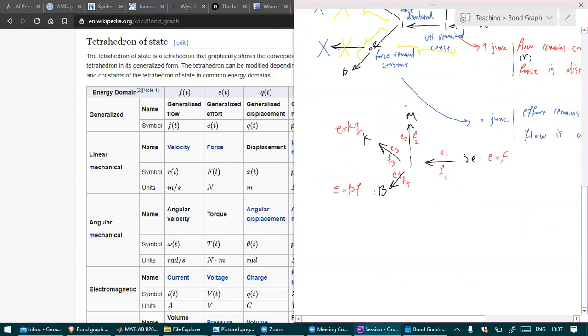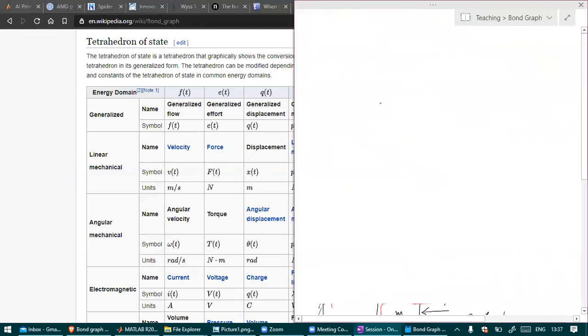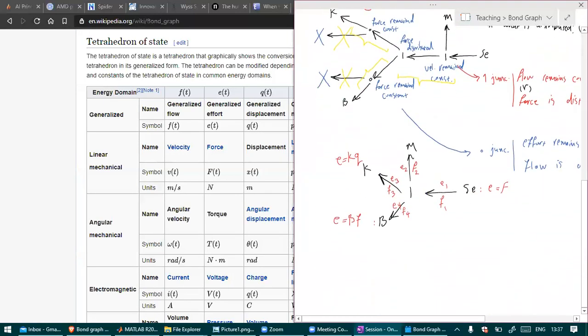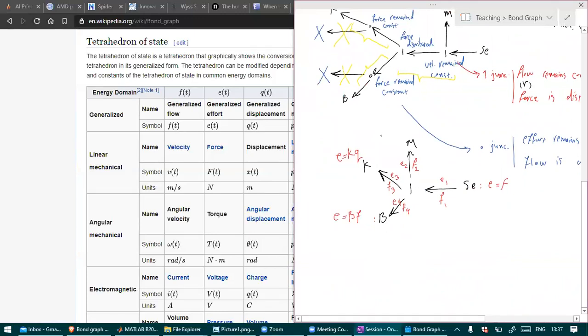So effort is equal to K times Q, displacement. And for M, effort is equal to M multiplied by the time derivative of flow. Sorry, for M, it is effort equal to MA, which is basically M F dot.